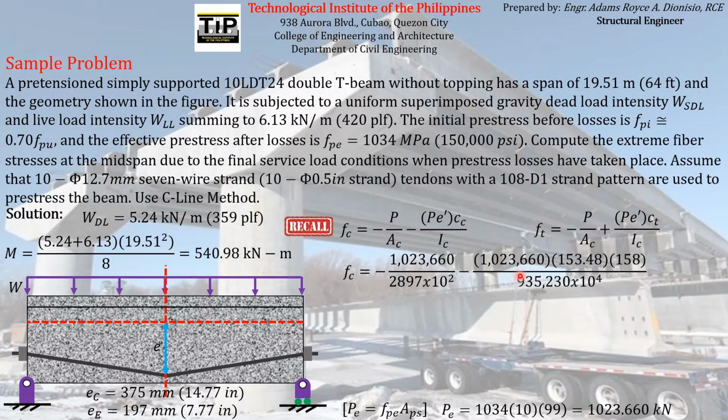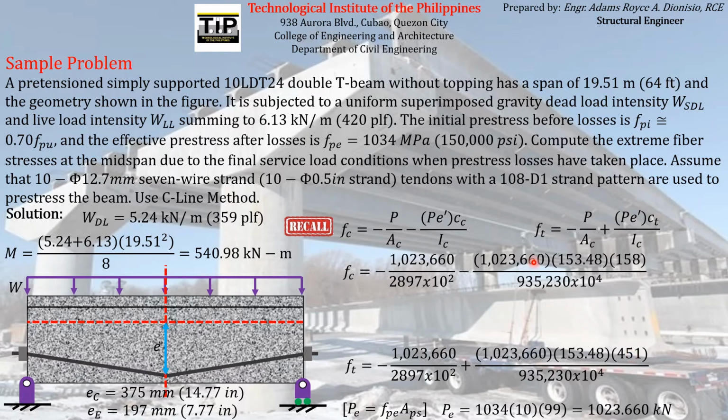So actually, you can just copy that equation to find the stress at the extreme pretension fiber. So you just have to change the sign here from negative to positive, and then don't forget to change the value of C. Since for the extreme pretension fiber, its distance from the neutral axis or from the centroid is equal to the 451 mm given on the problem.